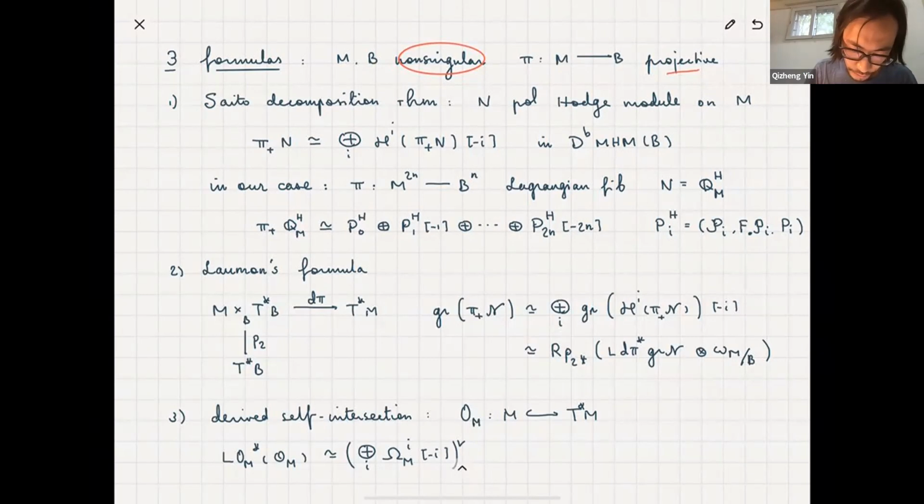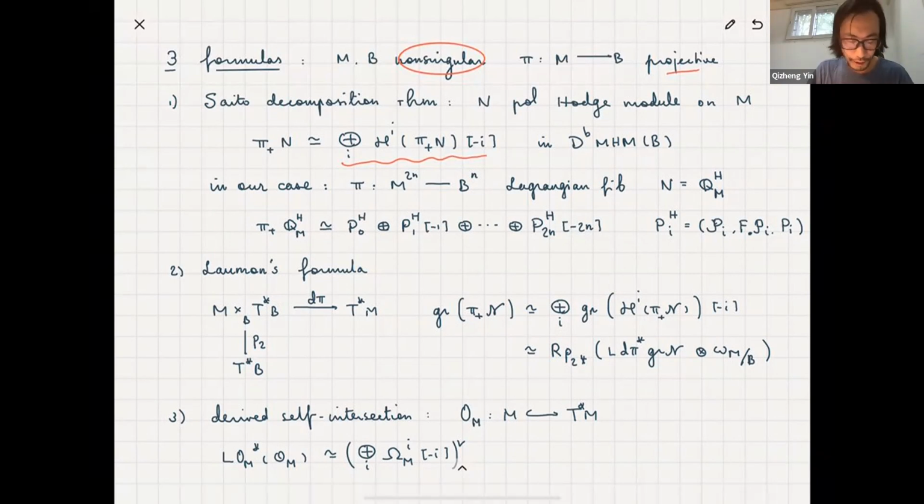As I said, whenever you have a polarized Hodge module, say on M, you can take the push forward in the sense of Hodge modules, and then there's the natural decomposition into a number of shifted Hodge modules inside the derived category.